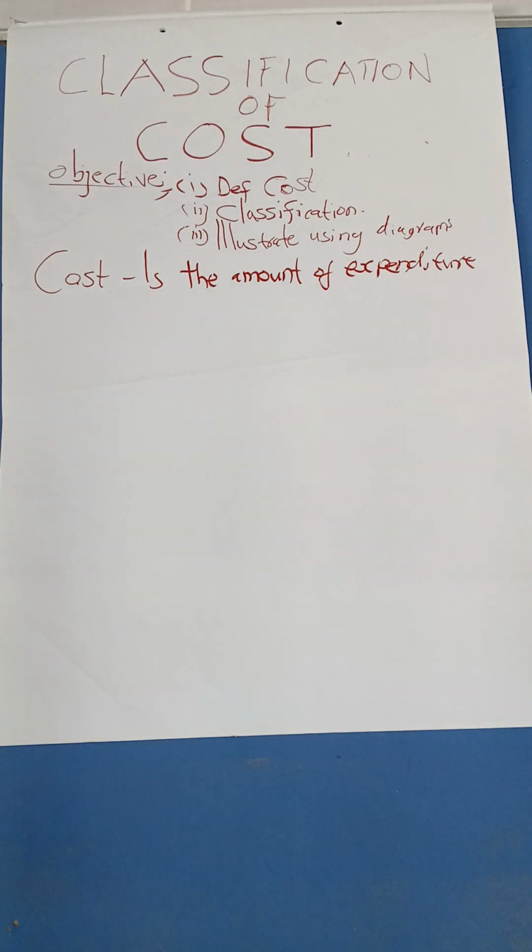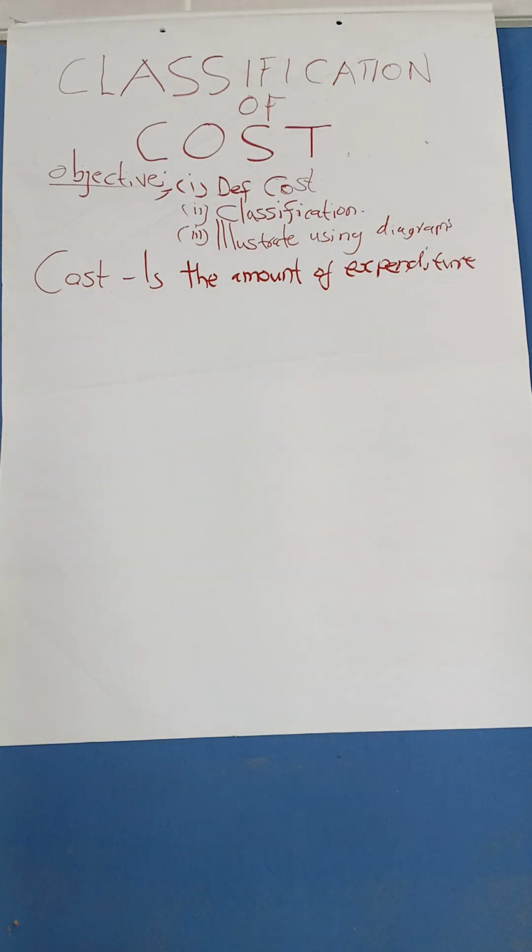How do they minimize losses? After they have analyzed this cost, they will say we have incurred a cost, yes, but in a good way, for example in paying wages.